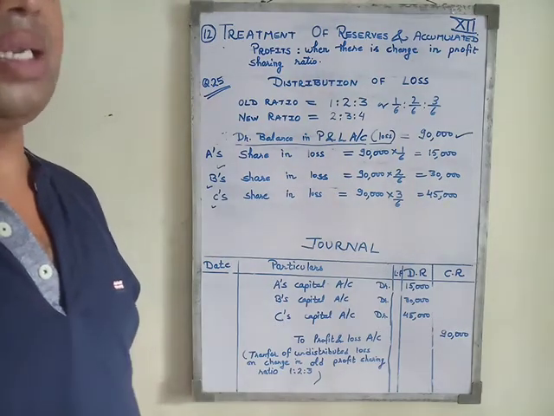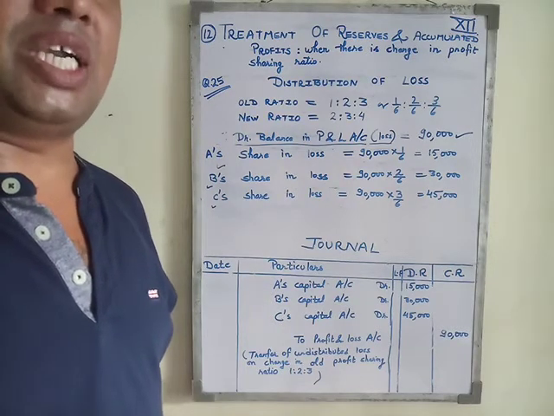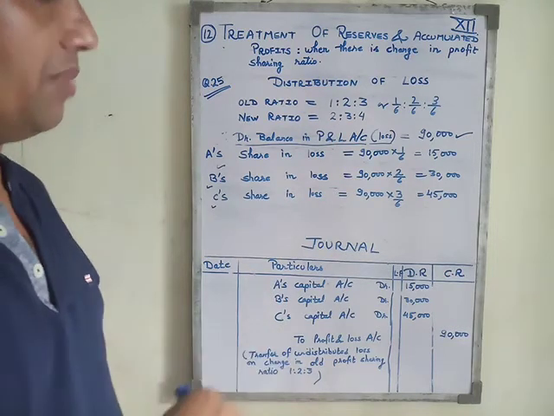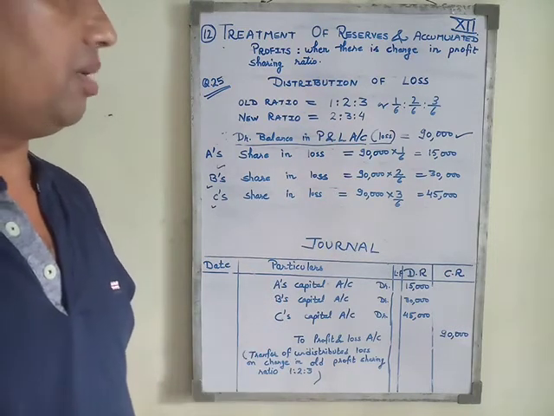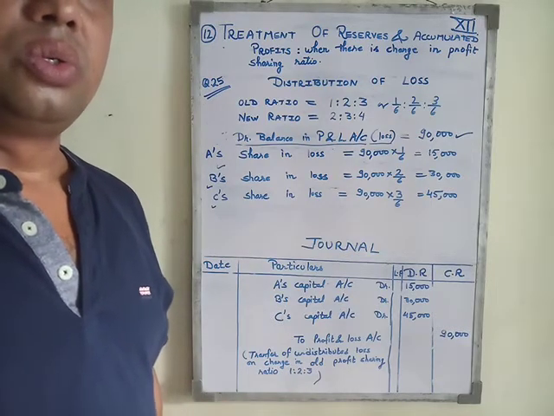On the asset side, loss, P&L loss or advertisement expenditure are shown. They are to be distributed in the same manner as the profit or loss, and they all are distributed in the old ratio. Thank you.